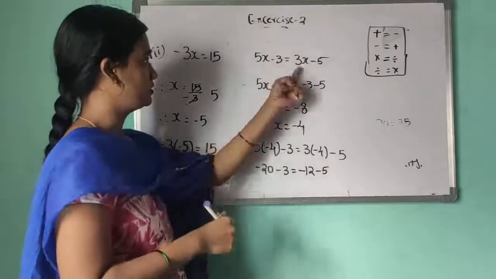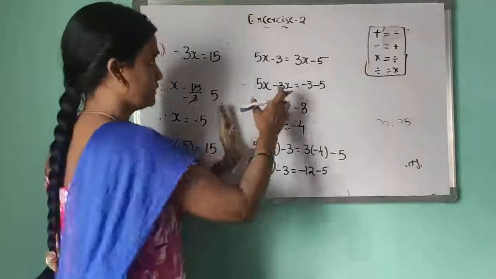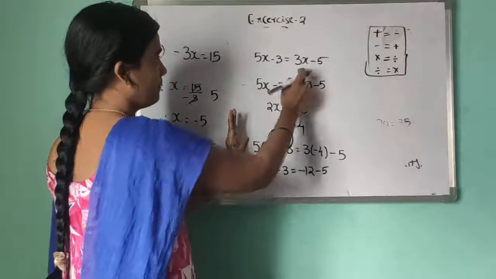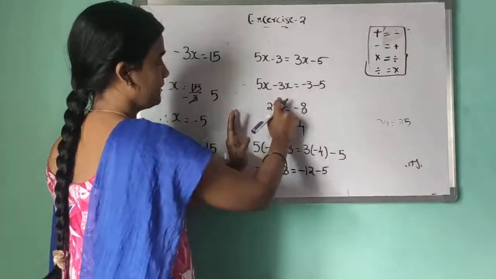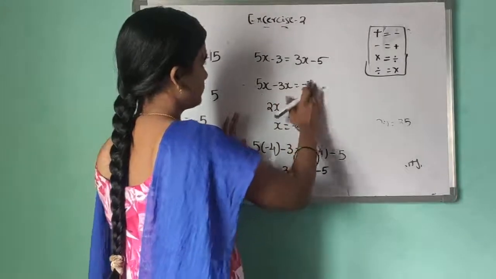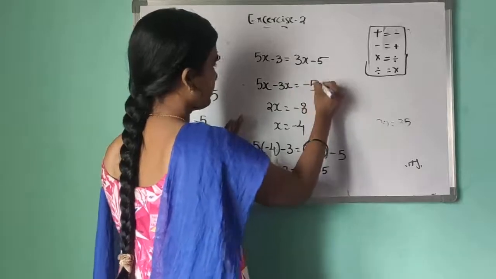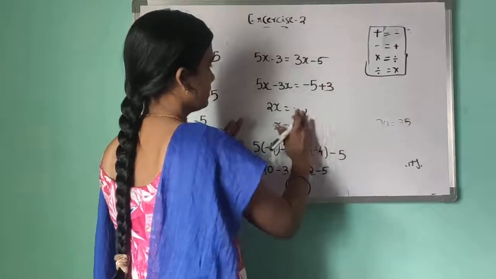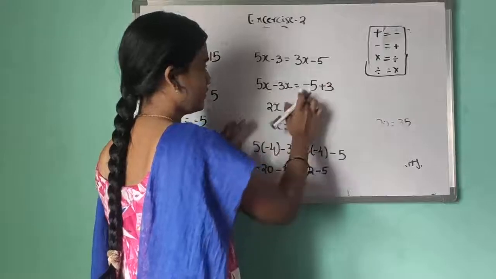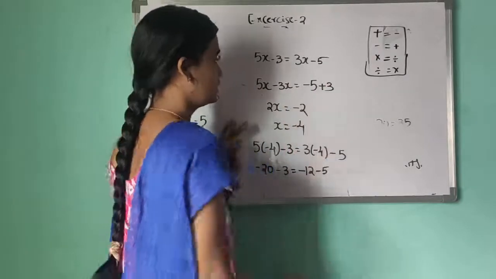5x minus 3. Here we have to write the x values on one side, remaining numbers on the other side. 5x plus minus 3x, right? Minus 5 plus 3. So 2x is correct. Minus 3x minus 2 is minus 2, right?